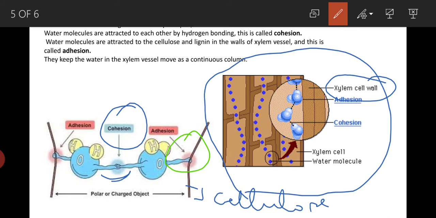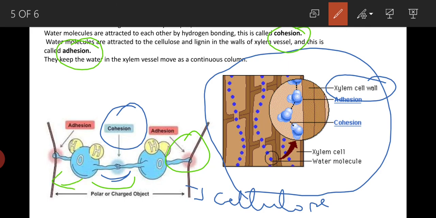So the movement of water is helped by cohesion and adhesion, which are the attraction between water molecules themselves, or between water molecules and other substances, such as the cellulose in the cell wall. So this was a simple video to show in general the way in which water moves in the xylem vessel from the root up to the leaf. Thank you.